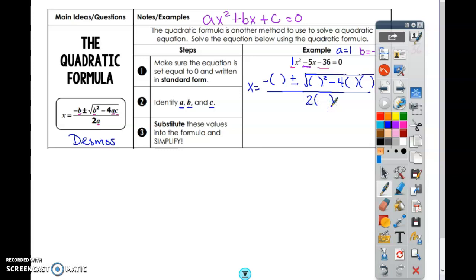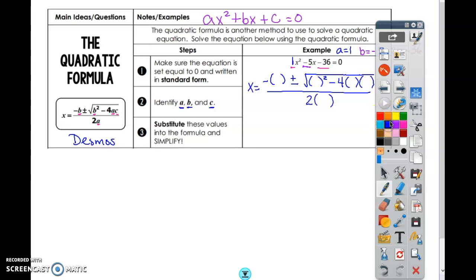What did I do in place of my B's, my A's, and my C? What did I do in here? I put parentheses, okay? There's a parentheses for my B here, parentheses for my B here, parentheses for my A here, C, and A. And once you have those parentheses, you can put all the numbers in there.